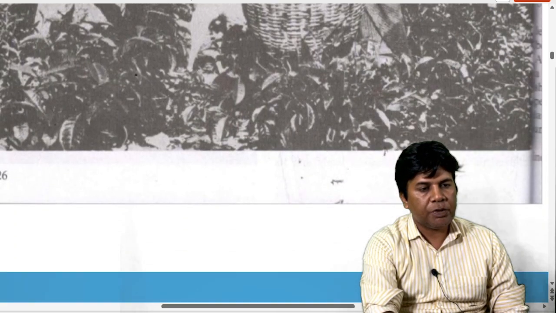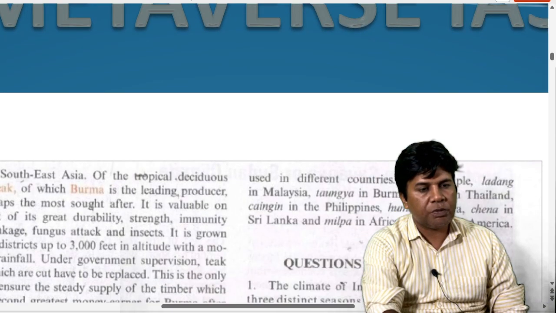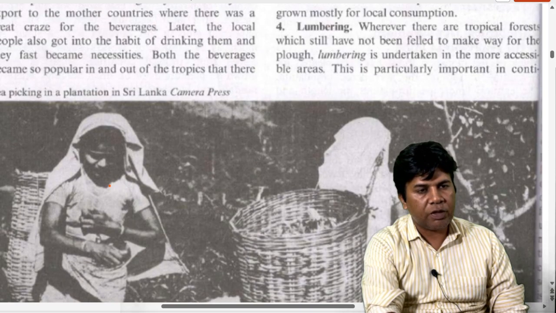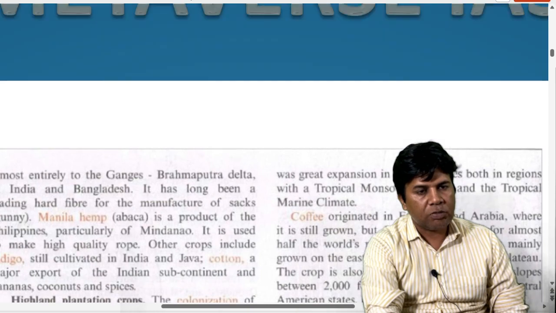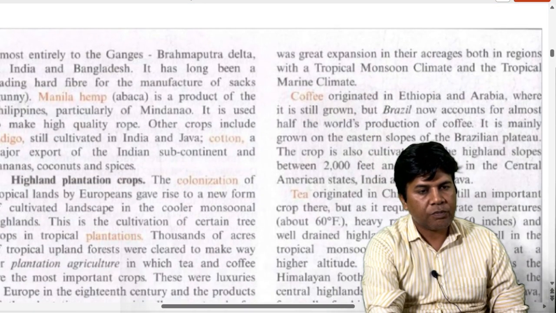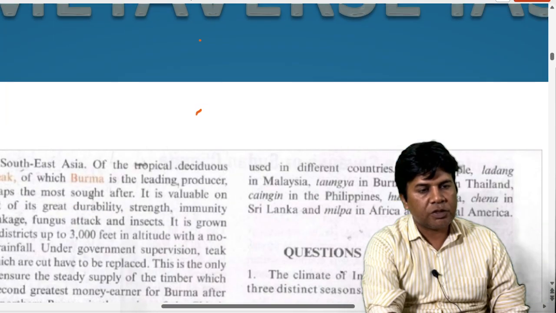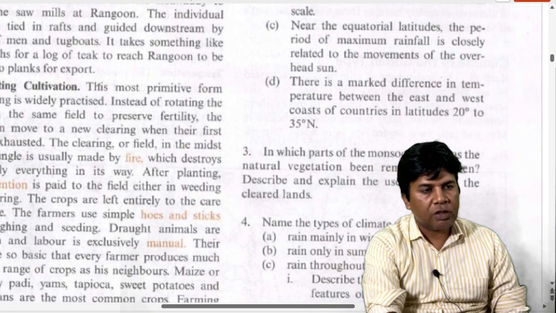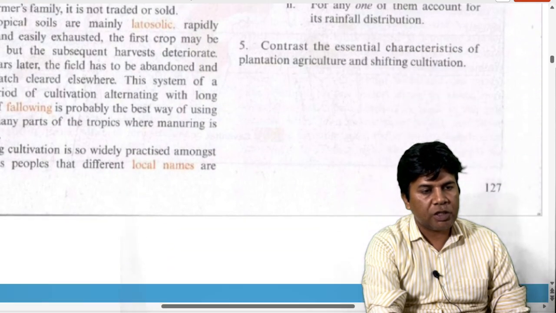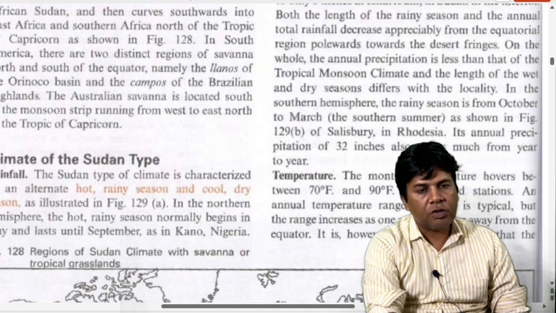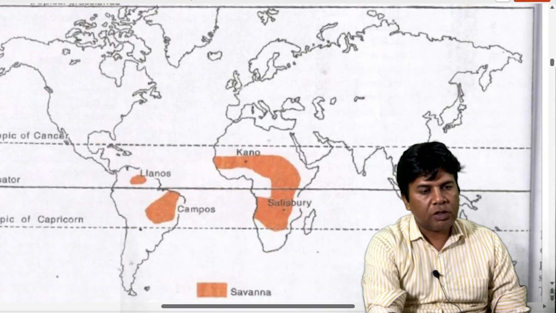And they will complete their cycle within a very short period of time, and ultimately they will become dormant again. So some of these plants have their seeds covered with a thick layer so that they can remain dormant throughout the dry seasons.